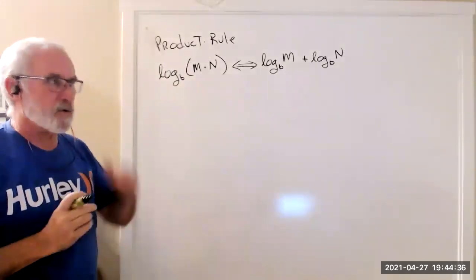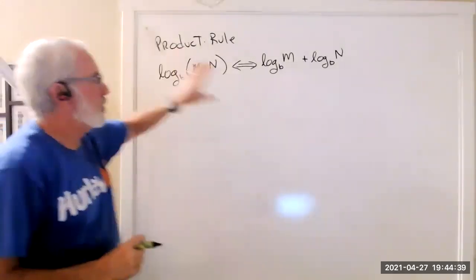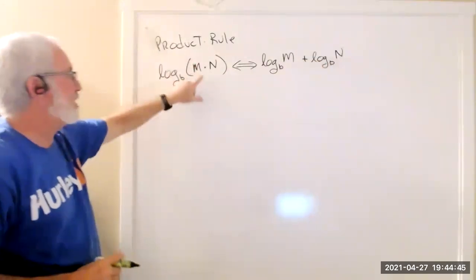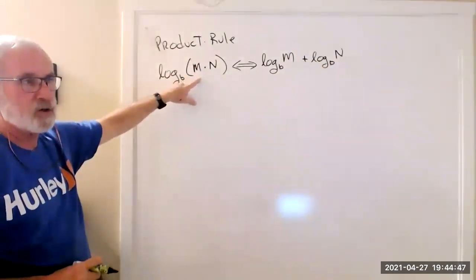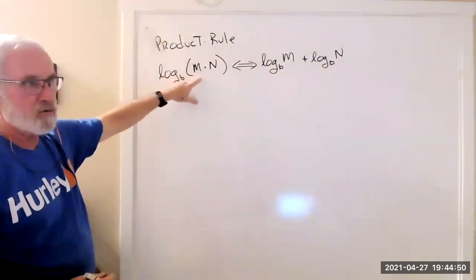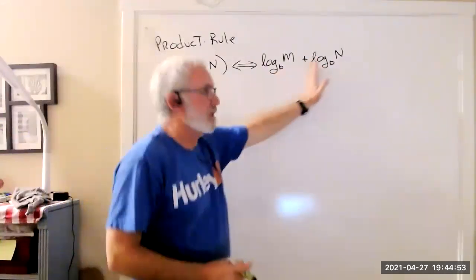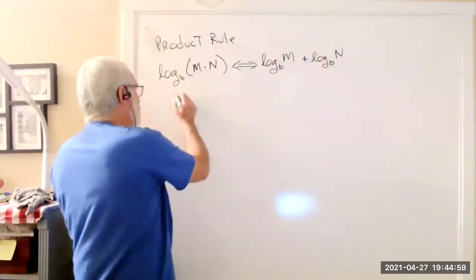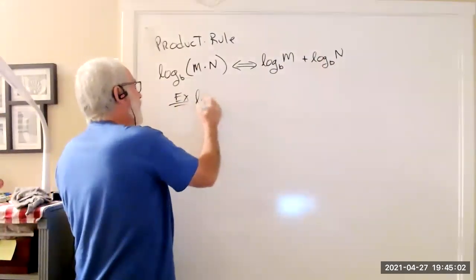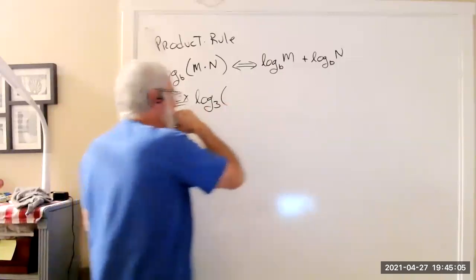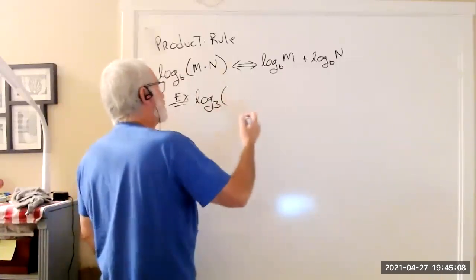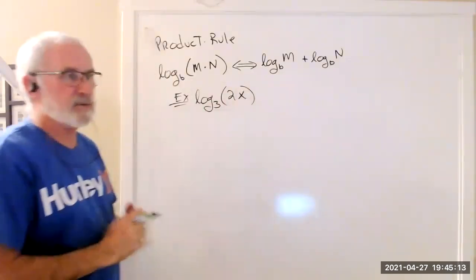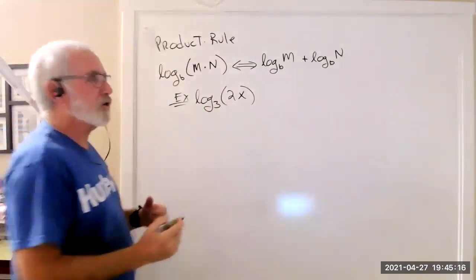The laws of logarithms allow us to either take two separate logs that are adding and condense them into one log of multiplication, or take one log of multiplication and expand it into two logs of addition. So for example, suppose I had the log base 3 of, I'll keep it simple, 2x.